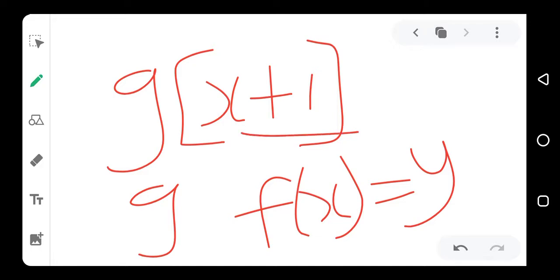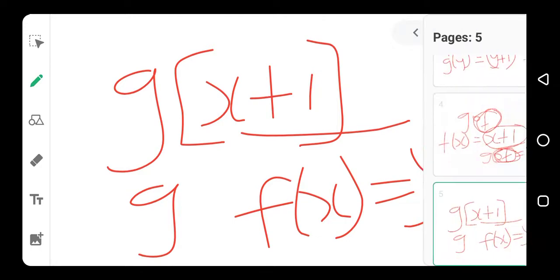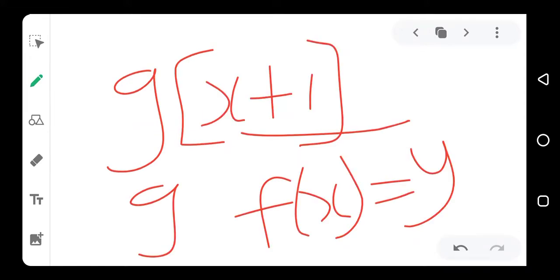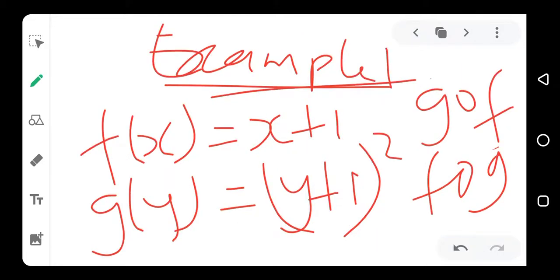So now that we have this as f of x, it means that in g of, we replace this with y. From our original question we have that g of y is equal to y plus 1 raised to power 2.